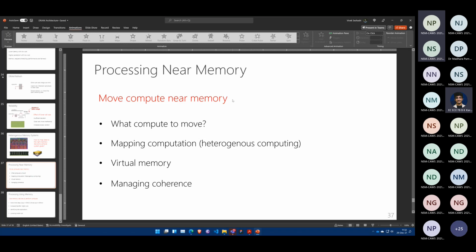Of course, we are slowly moving away from that architecture. If you attend Professor Arka's lecture, he may talk about virtual memory in GPUs, and how GPUs can be integrated into the virtual memory of the mainstream processor. So we may need something similar for processing near memory as well. The key challenge in processing near memory is that the memory is going to be shared by the CPU as well.